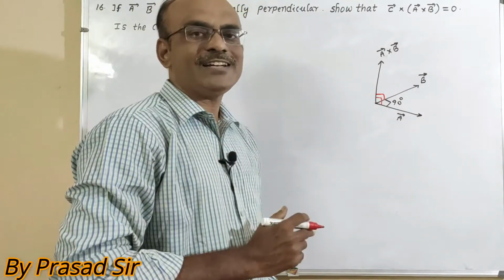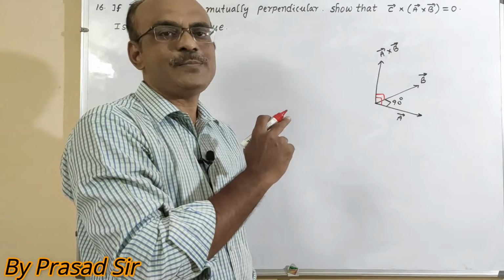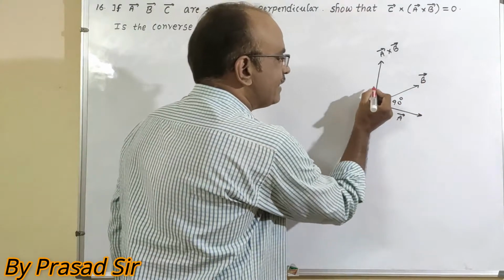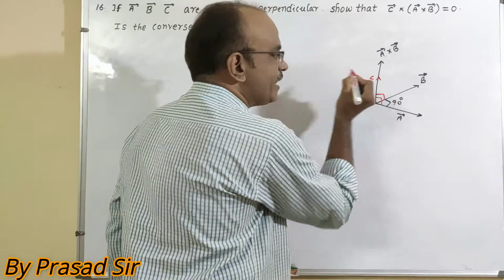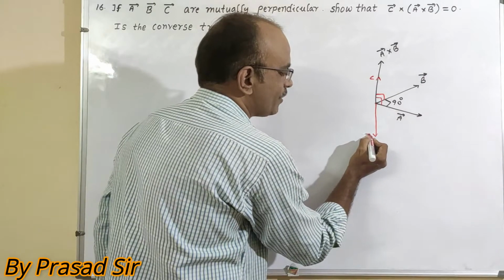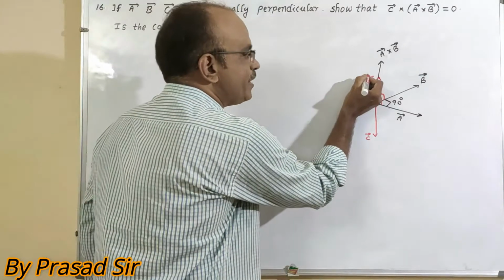Now, how the C vector must be? That C vector must be perpendicular to A and B, that is either in the direction of A cross B or in the direction opposite to the A cross B. So remember, that is very, very important one.